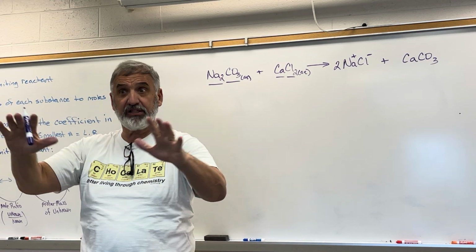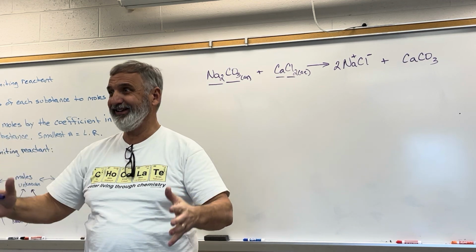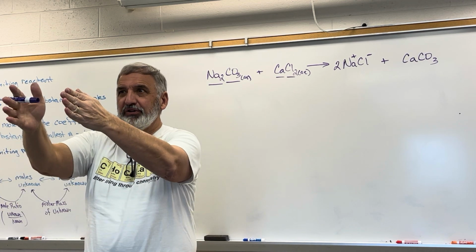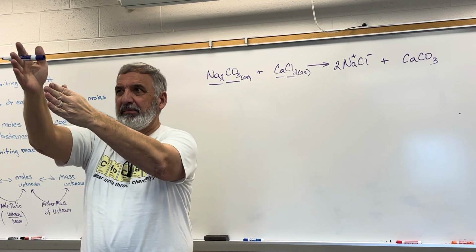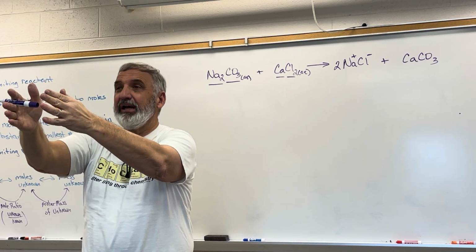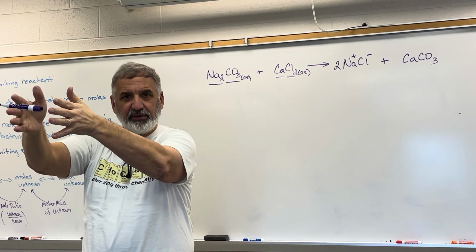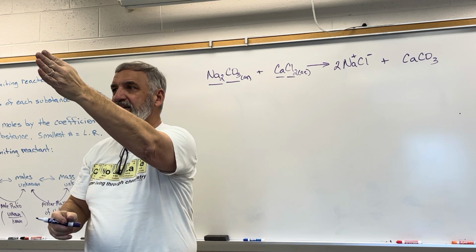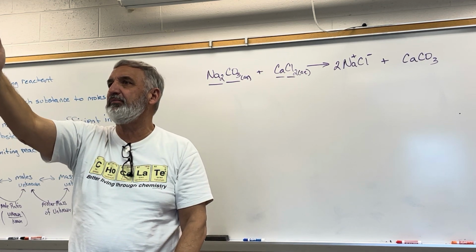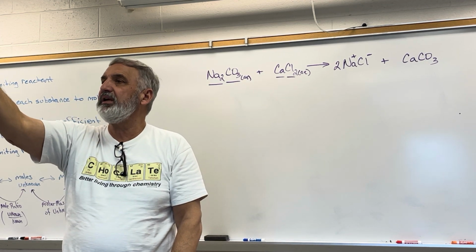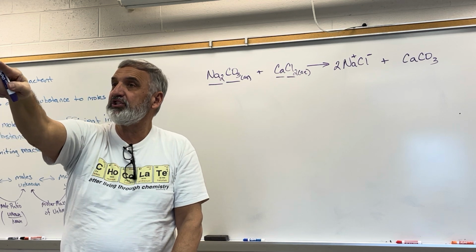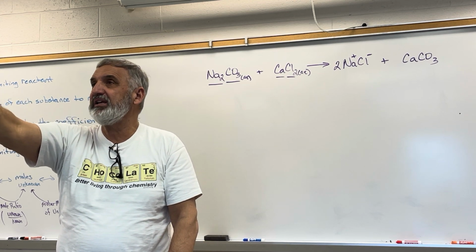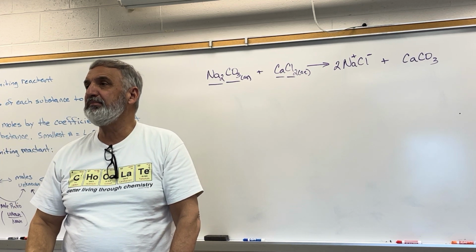That's been a challenge all day long today. If the thing's in column 1 and you combine it with something in column 2, it's soluble, it's going to be aqueous. If you take something in column 1 and combine it with anything in column 3, it's going to be a solid. So if I look at sodium, is there anything in column 3 that it's going to combine with to make a solid?